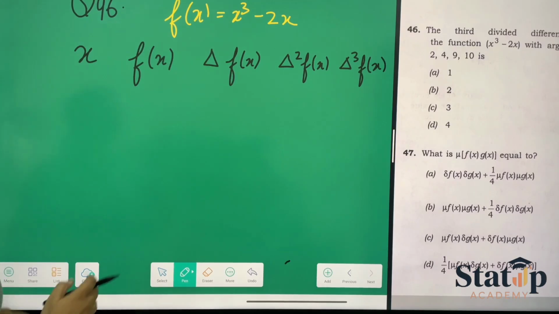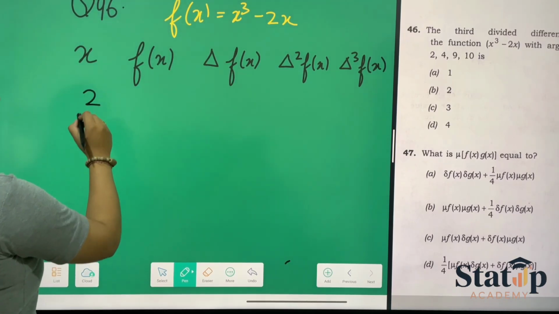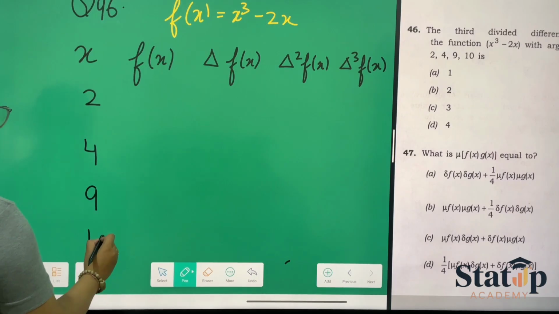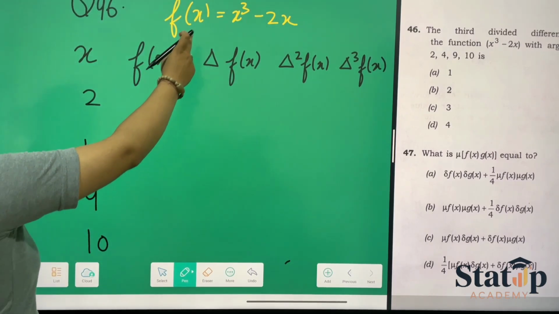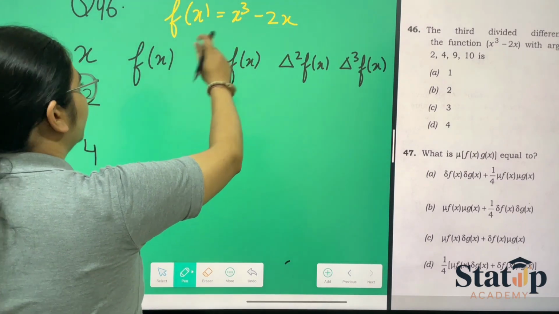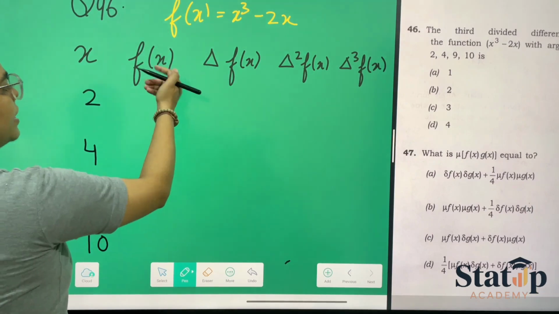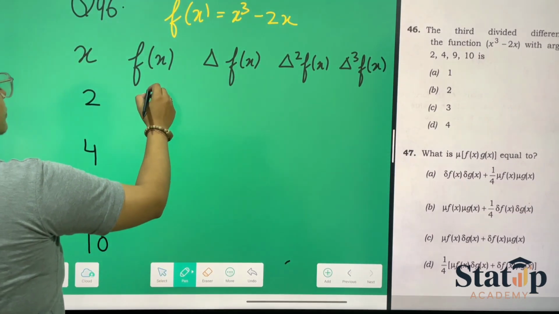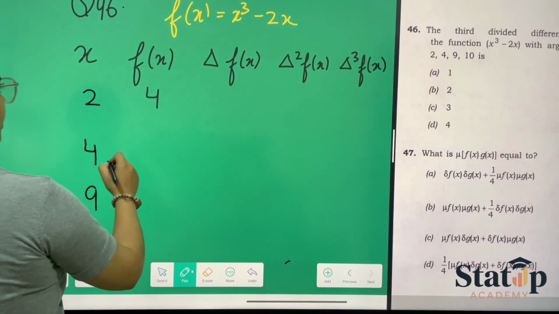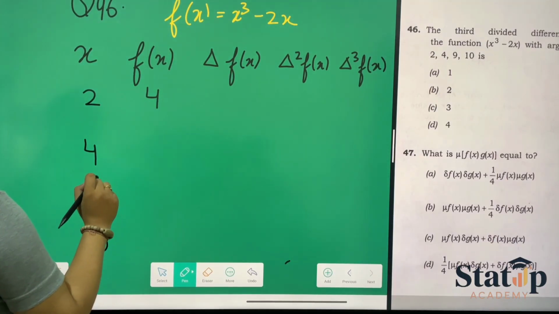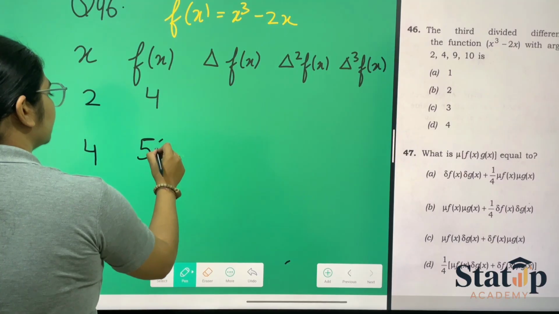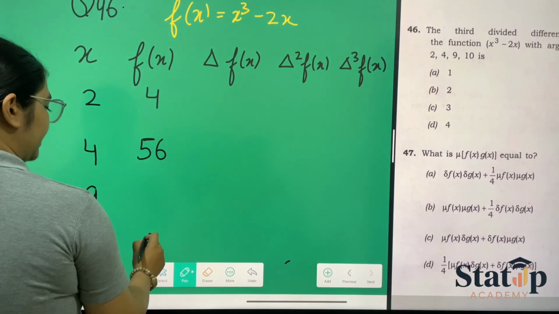Now the values of x are 2, 4, 9 and 10, and for the value of f(x), we have to put these into x cube minus 2x, then we will get the value of f(x). So it will be 4, when 4 is put there, 64 minus 8 will be 56, then 709, and 980.